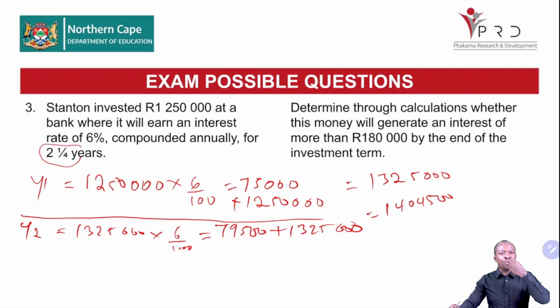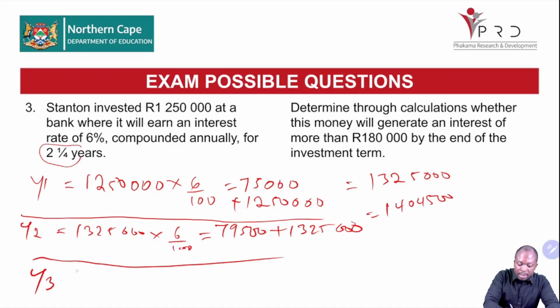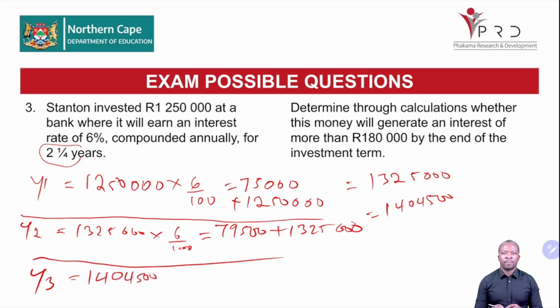So let's see, how do we work out the quarter? Remember I told you that a quarter year is 3 months. So you go to your year number 3. We are starting with year 3, taking the money which is already there in our investment, 1,404,500.